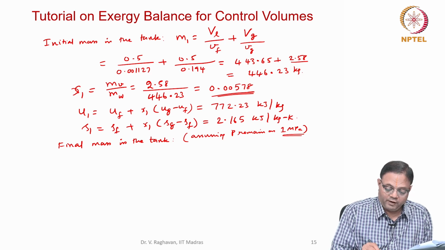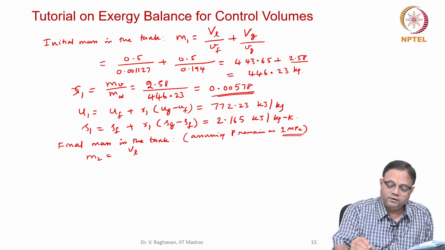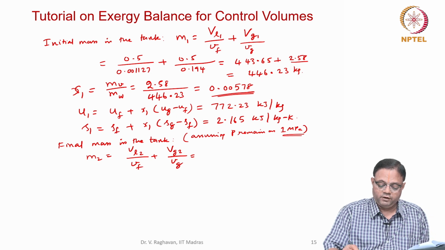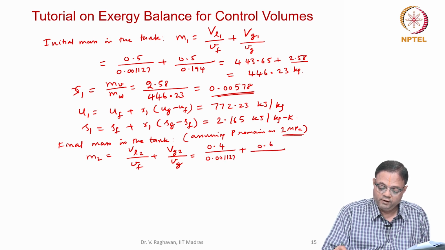If I make the assumption, I can say M2 will be equal to VL2 divided by Vf plus Vg2 divided by Vg, that will be equal to 0.4 divided by 0.001127 plus 0.6 divided by 0.194.